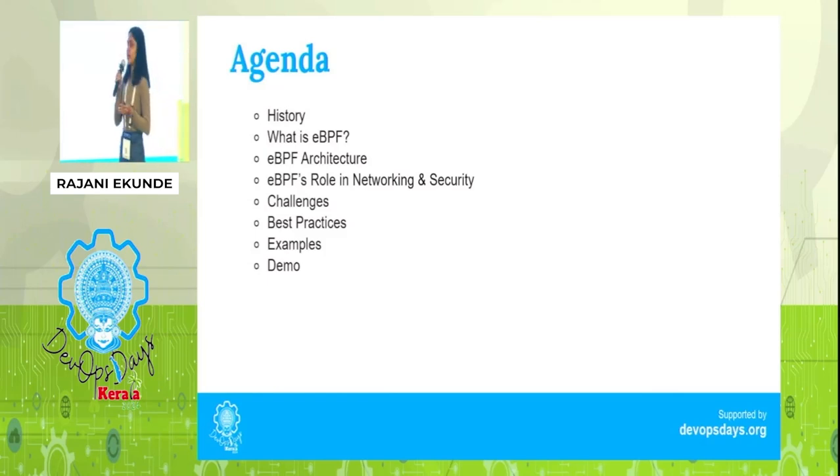Then challenges that a beginner, or a person with experience who is trying to explore eBPF, may face. Then best practices, some examples, and at the last part of the session, a demonstration.